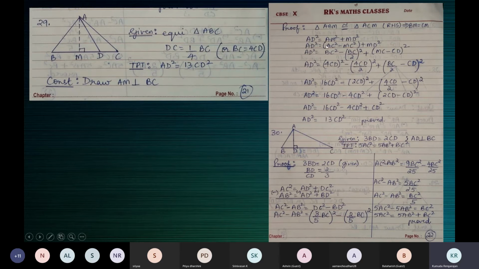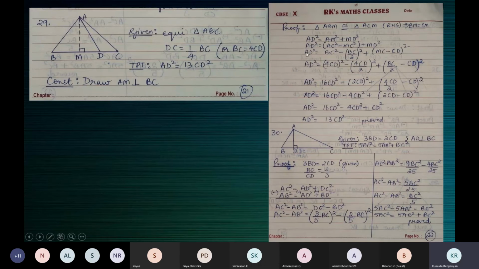Change now. What can you do with AM square? AM square is a part of a right triangle. You can write AM square as AC square minus MC square. You are introducing MC now. You don't want AM square. You want only AD and CD.